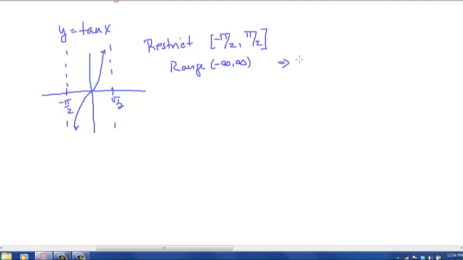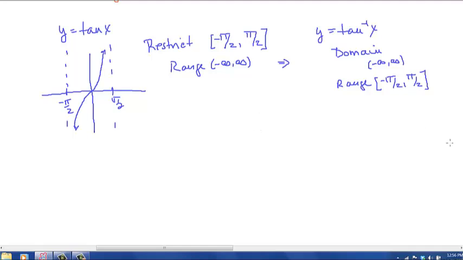So what that does for the inverse function is it gives us a domain of all real numbers and a range of negative pi over 2 to pi over 2.